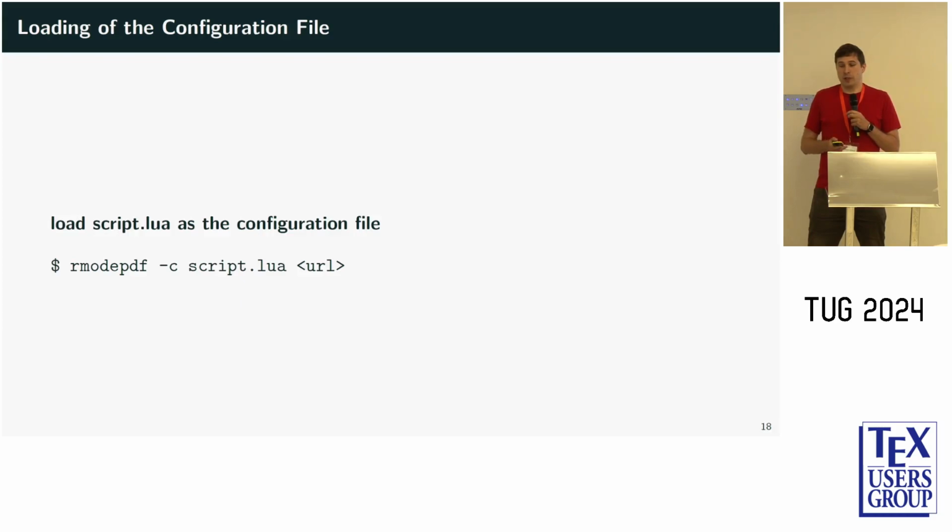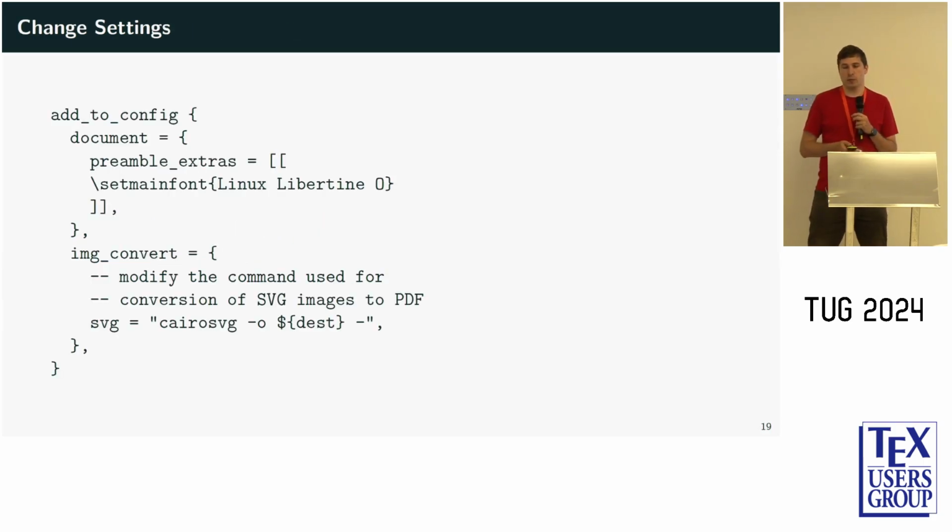So now we go to the Lua configuration file. It can be required by the C option, and it can look like this.